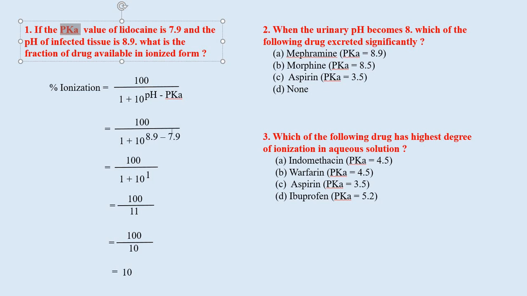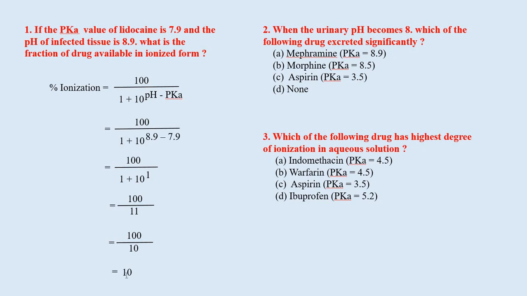Just put in the values given in the question and calculate. 100 divided by 1 plus 10 raised to 8.9, which is the pH of that tissue, minus 7.9, the pKa value of that drug, which is equal to 100 divided by 1 plus 10 raised to 1, which is 100 divided by 11, approximately 10%. So the percent ionization is 10%.